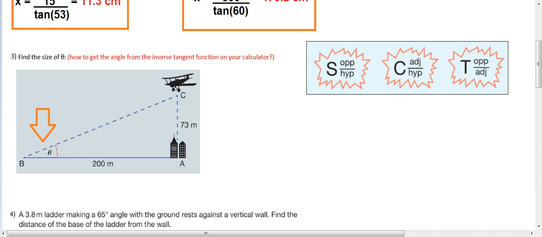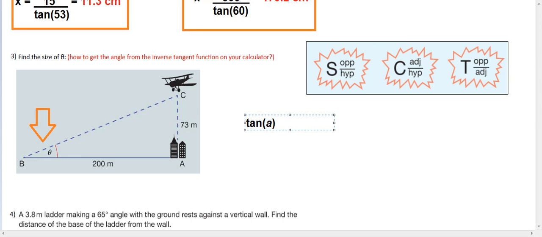So let's start. Once again, opposite side and adjacent side, so we are talking about the tangent. But now I don't know the angle, so I'm going to use the letter A for the angle.